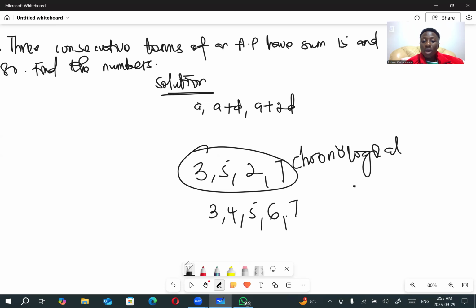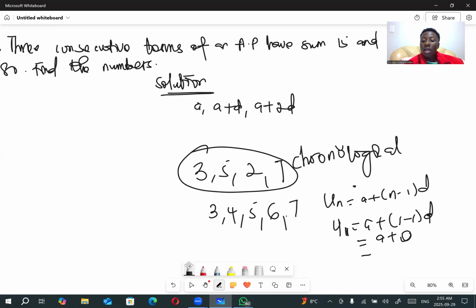It's that same formula which is birthing all of these. The general formula is nth term equals a plus (n minus 1)d. You already know the first term is a, but assuming you do not know, the first term will be u1. So that will be a plus (1 minus 1)d. 1 minus 1 is 0, and 0 times any number is 0.